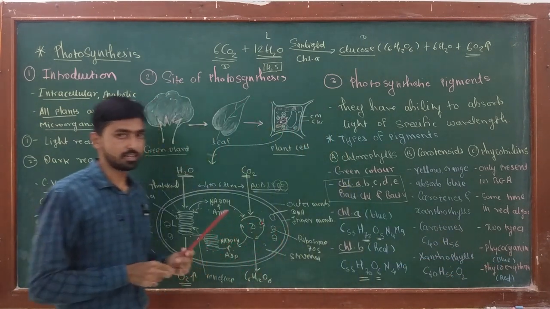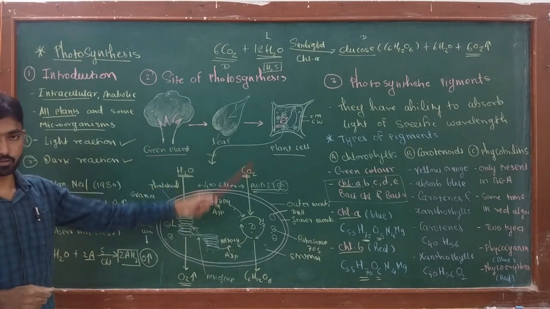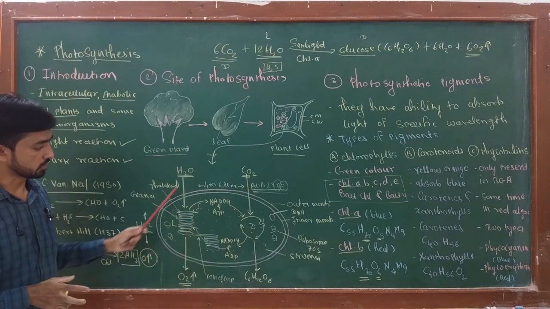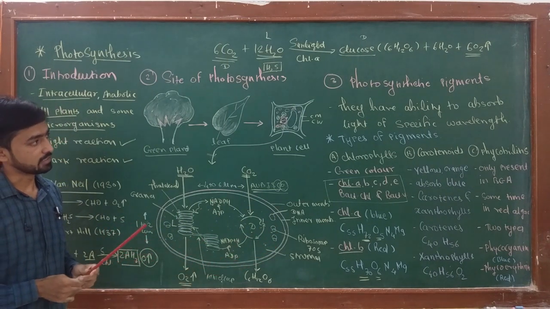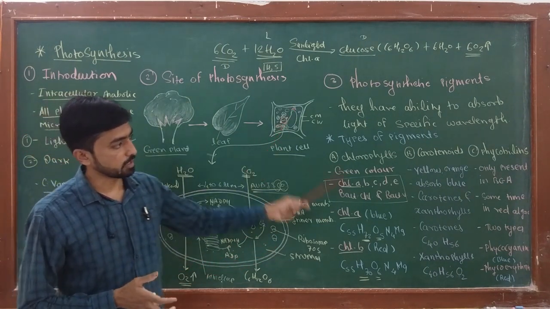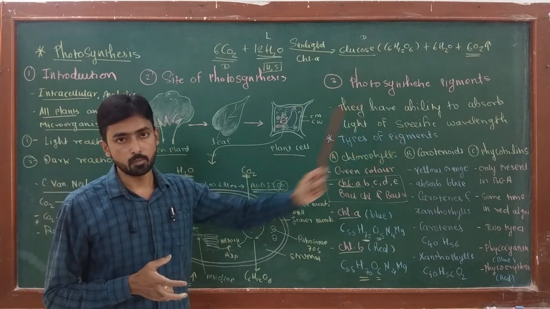So in this lecture, I discussed the introductory part of photosynthesis, in which we saw the Van Niel reaction and the Robert Hill reaction. The site of photosynthesis is an organelle called the chloroplast, present in green plant cells. Now there are three important types of pigment that I have discussed: chlorophylls, carotenoids, and phycobilins.